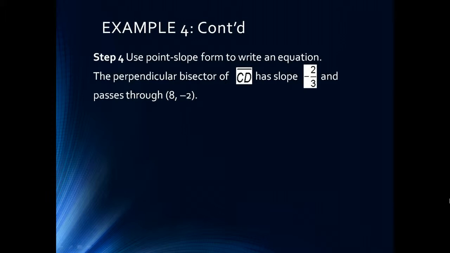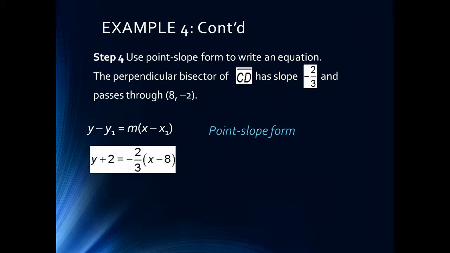Step 4, we're going to use the point-slope form to write an equation. The perpendicular bisector of CD has slope -2/3 and passes through (8, -2). So y minus y1 equals m times x minus x1. This is the point-slope form.